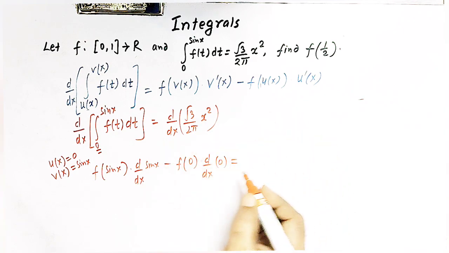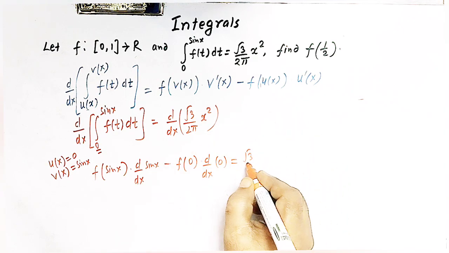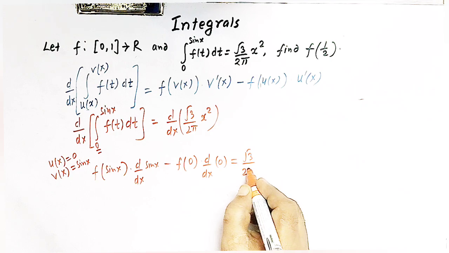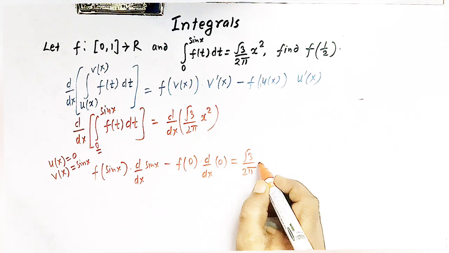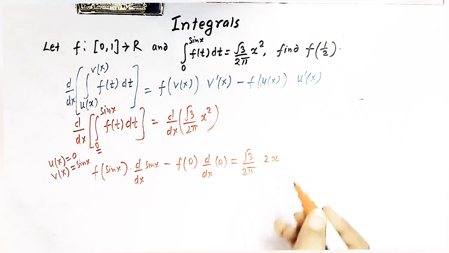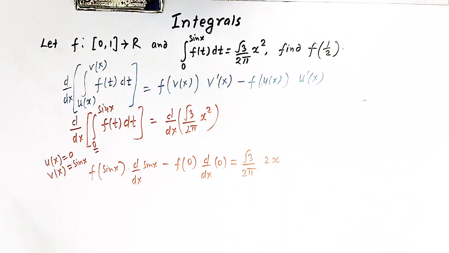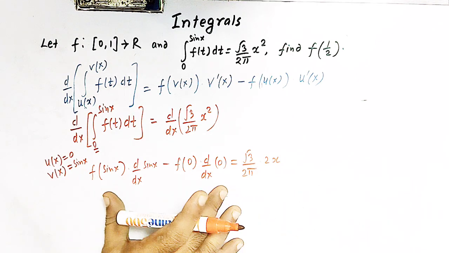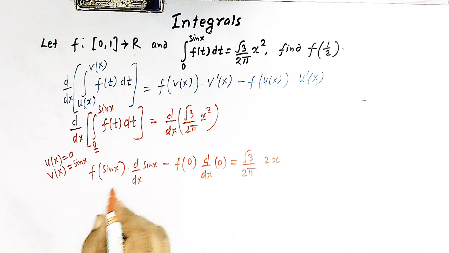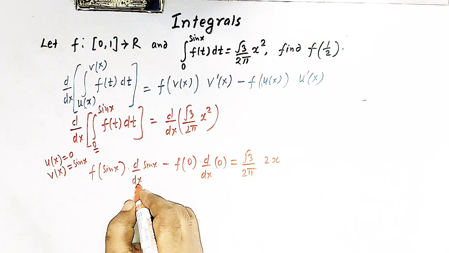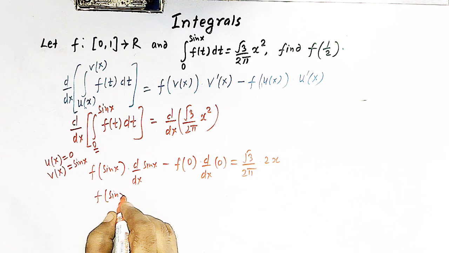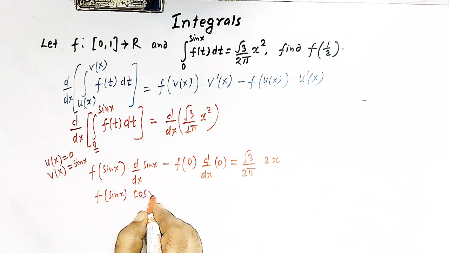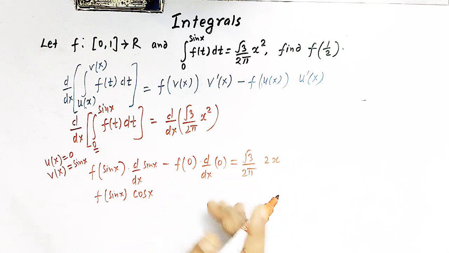On the right hand side we have root 3 over 2 pi, and the derivative of x squared with respect to x is 2x. Simplifying, the derivative of sin x is cos x, so we have f(sin x) cos x, and the other term is 0.